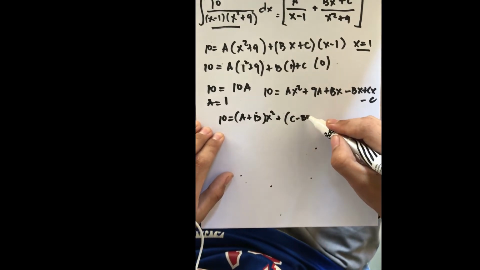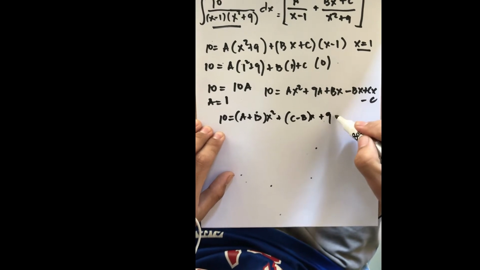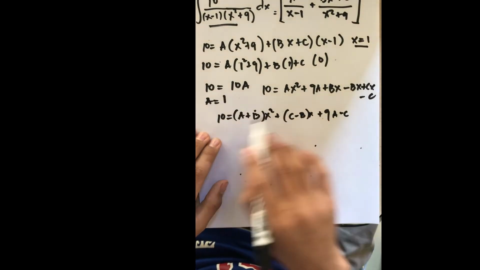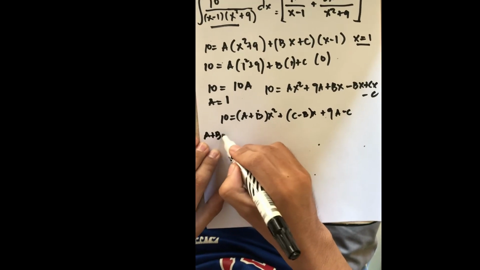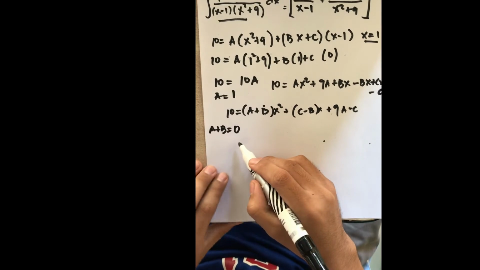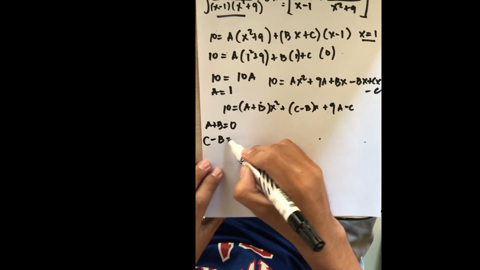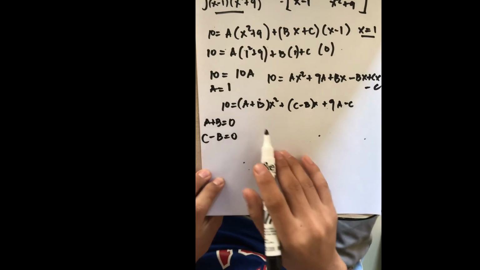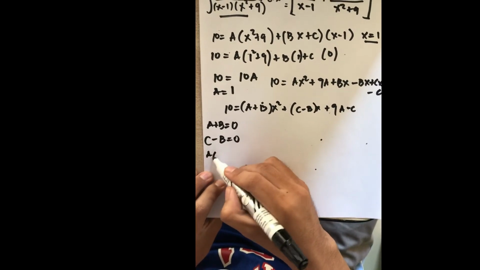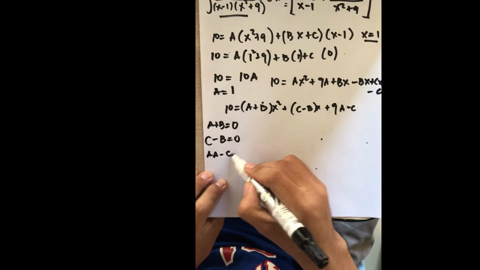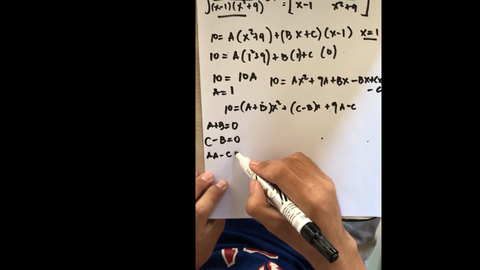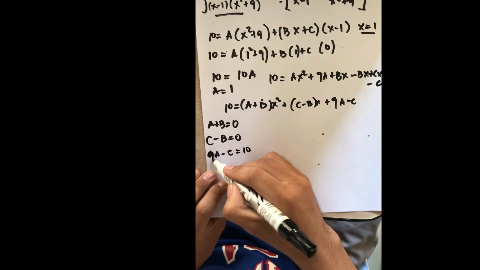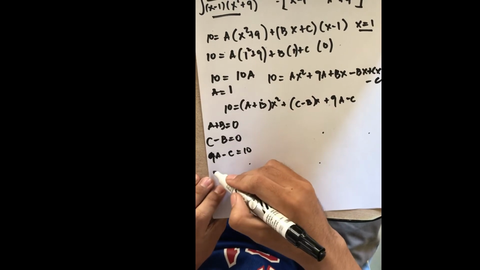So combine similar terms. 10 is equal to the quantity a plus b times x squared plus the quantity c minus b times x plus 9a minus c. As you can see, on the left side there is no x squared and there is no x. Therefore, a plus b is equal to 0, and c minus b is equal to 0. 9a minus c is equal to 10.